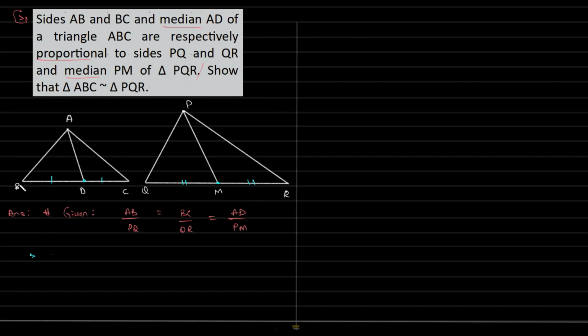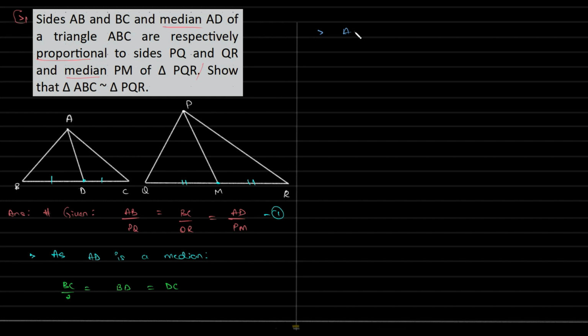So now BD is equal to DC and QM is equal to MR. Let's write it down. Always write down whatever is given. As AD is a median, we have BC by 2 is equal to BD, which is equal to DC.